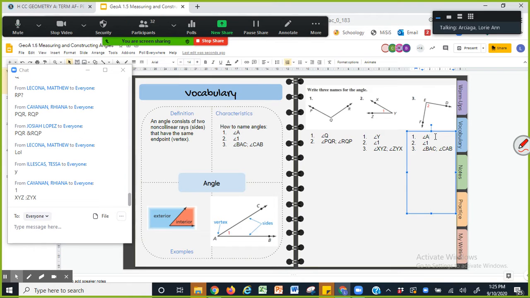So vertex, number, and then three letters. Vertex, anybody?